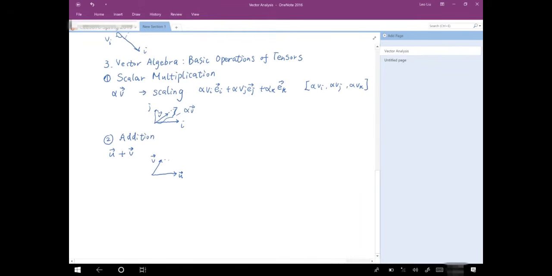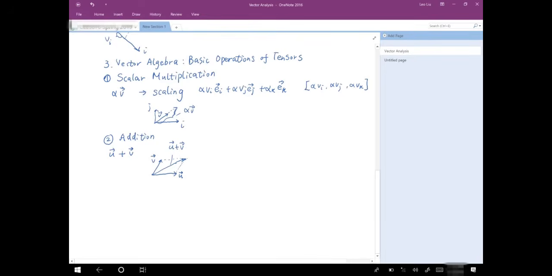So actually, we just need to draw a parallelogram formed by these U and V vectors, and the diagonal is U plus V.